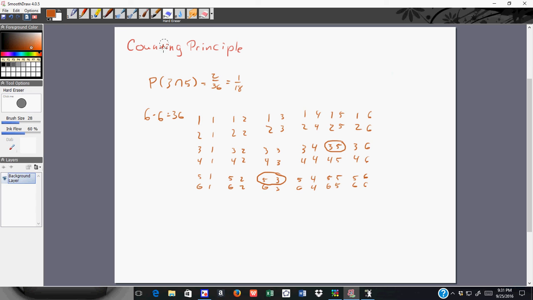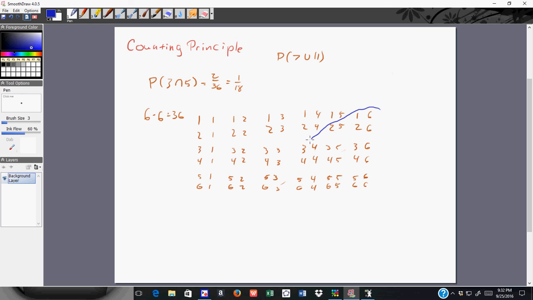If I wanted the probability of rolling a 7 or an 11, that I'll rewrite this. 3, 5, 5, 3. So if I wanted the probability of a 7 or an 11, I've always liked this one. I would take a look. I'd say, all right, well, how do I get 7?